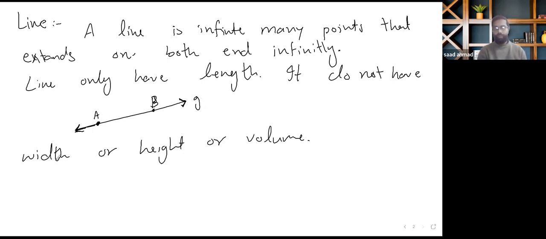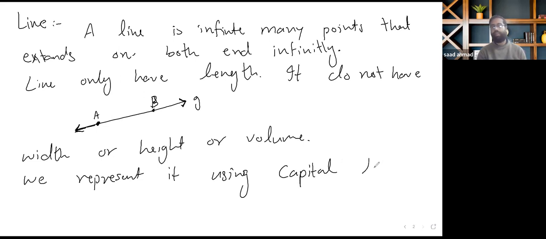Okay, and we represent it using capital letters. Like for example, this line, it's represented as AB, right? And then we have a small line on it.